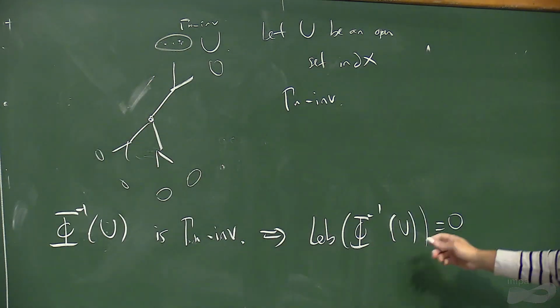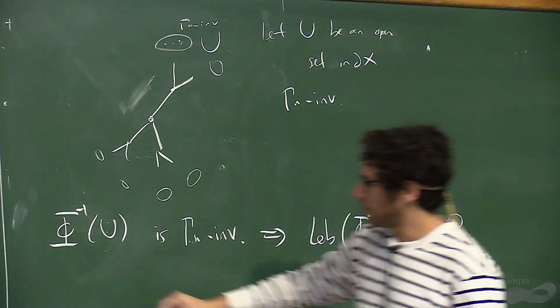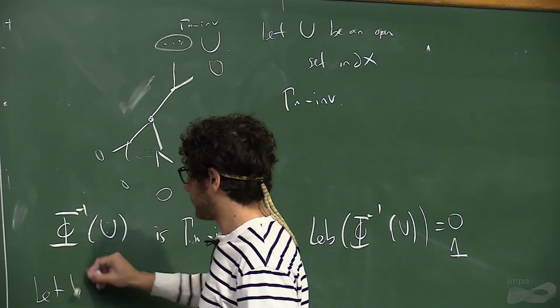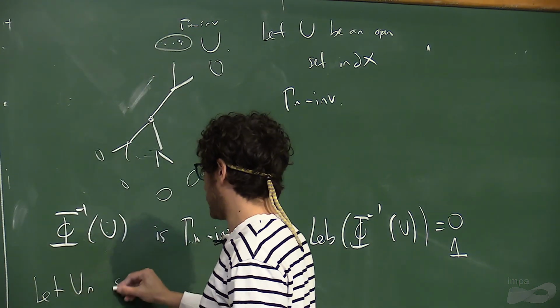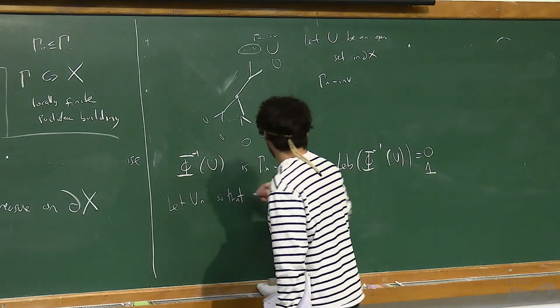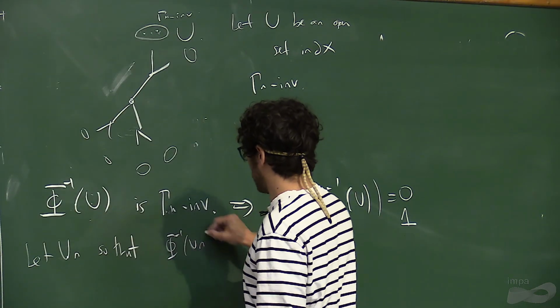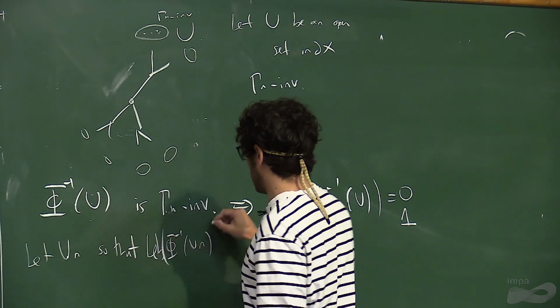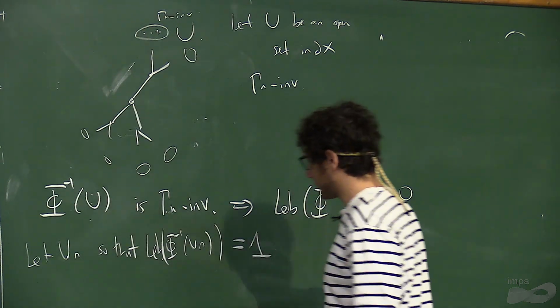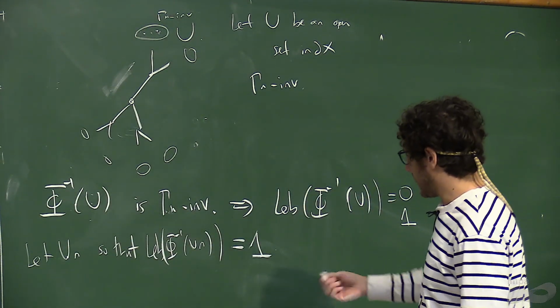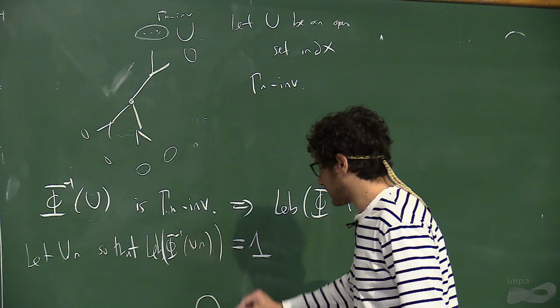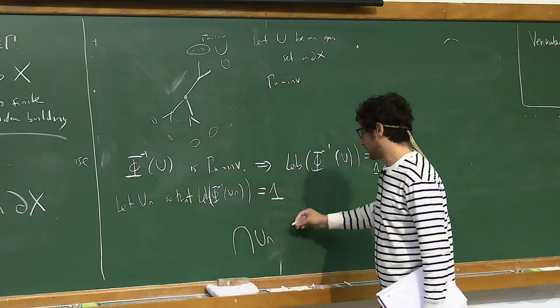Let U1 be the one that has measure 1, so that Lebesgue of phi inverse of U_n is equal to 1. If I take the intersection of the U_n, this is just a point.